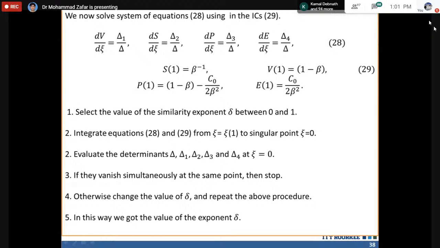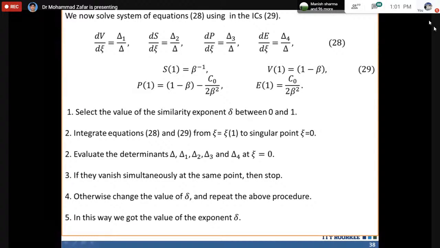Evaluate the different values of delta 1, delta 2, delta 3, delta 4 in equation number 28 at J equal to 0, the singular point. If they vanish simultaneously at the same point, J equal to Jc, then we stop. Otherwise, if they do not vanish at the same point, we change the value of delta and do the same procedure again.